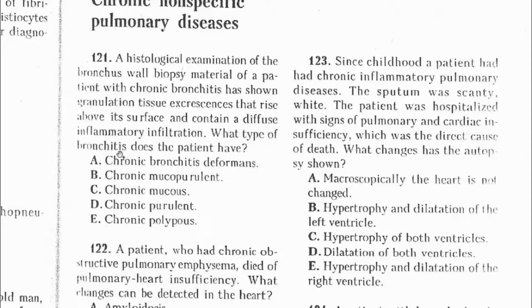What type of bronchitis does the patient have? Now, a mass that rises above its surface denotes polyps, and hence our answer is chronic polypous. That is E.